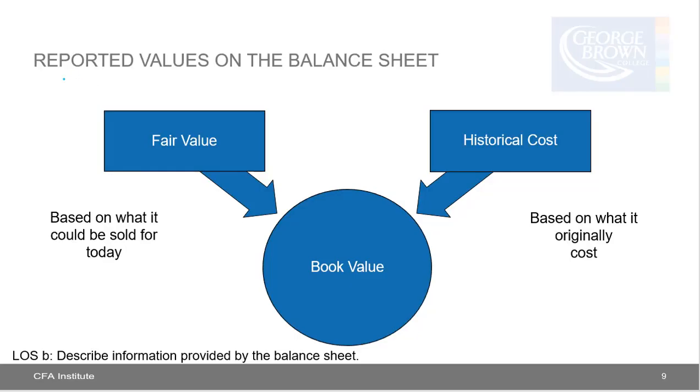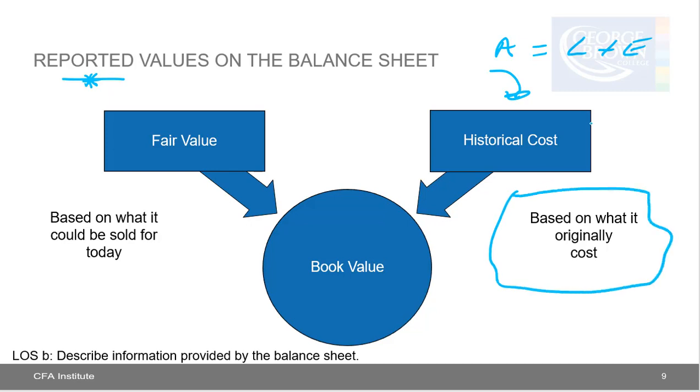So the next thing that we're going to look at is reported values on the balance sheet. So recall the accounting equation, assets equals liabilities plus equity. So when we're looking at some assets and indeed some liabilities on the balance sheet, they're based on what it originally cost. So they're held at historical cost or historical value. And you can see the implication of that. If I choose land, for example, land is an asset.